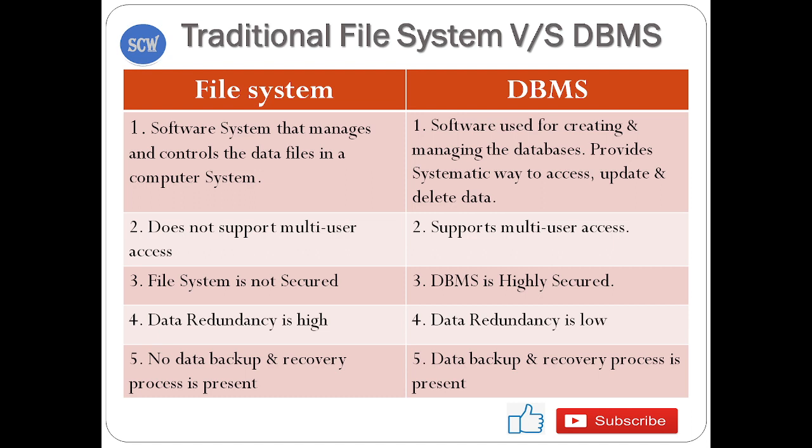So to overcome this problem, in DBMS we have a data backup and recovery process. Through this process, if any data is mistakenly deleted, we can access that data through the backup and recovery process. So this is the advantage of the DBMS.